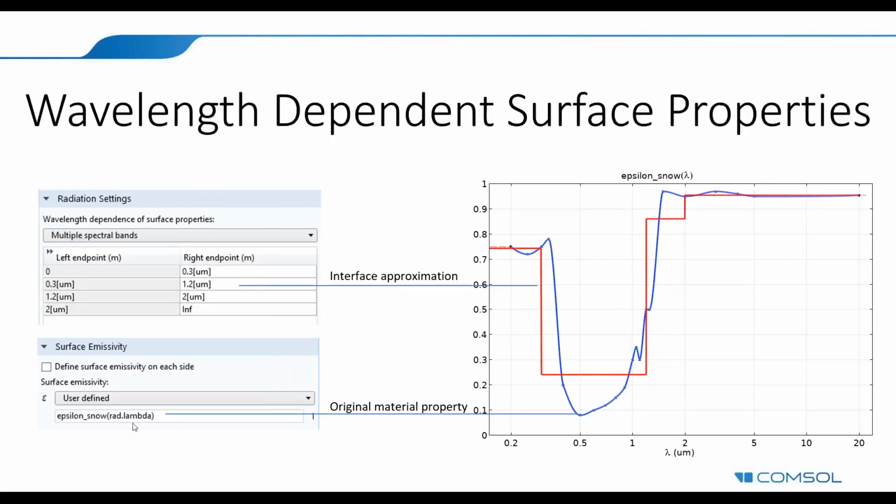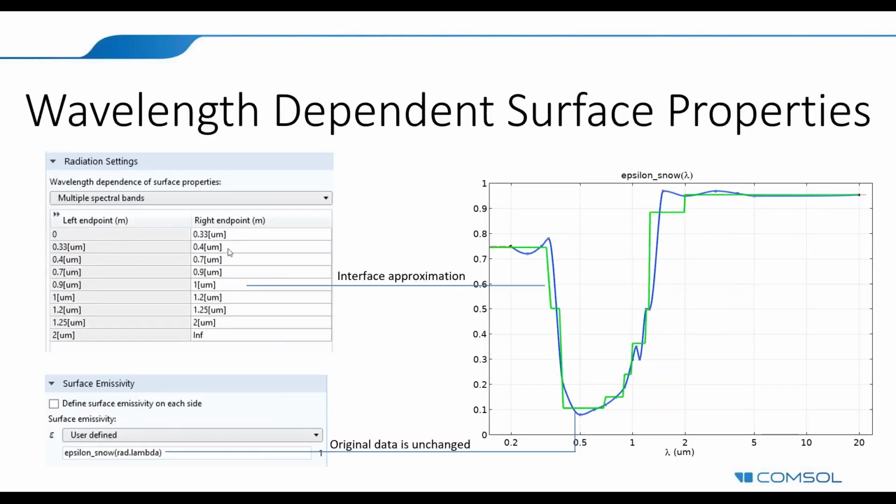And if you believe that this is not enough, you just have to add more endpoints in the model, like this, for example. So you get more intervals, and then the sampling of the function is updated, and you now get the green curve. What is nice is that you just have to adjust the number of endpoints, but you don't have to change the definition of the original function. This is computed directly.